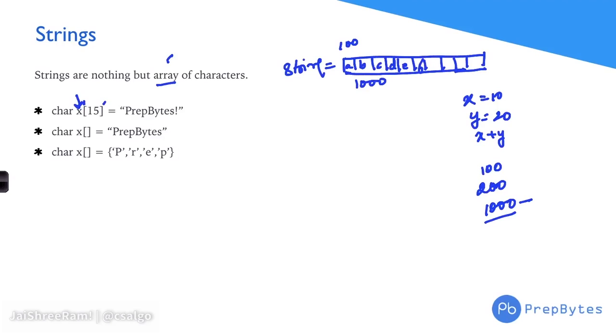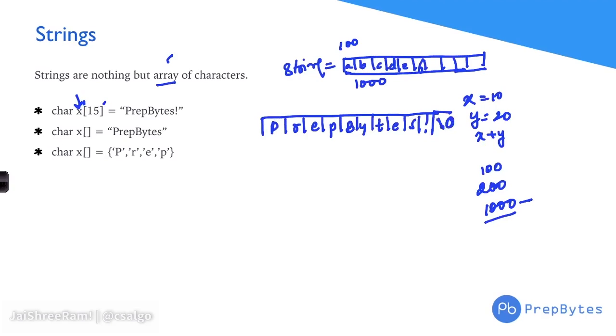And then we have these characters over here. So we will have an array like this: P, R, E, P, B, Y, T, E, S, exclamation, and at the end we will have a null character. You can't see this null character here, but it is put in by default by the compiler.